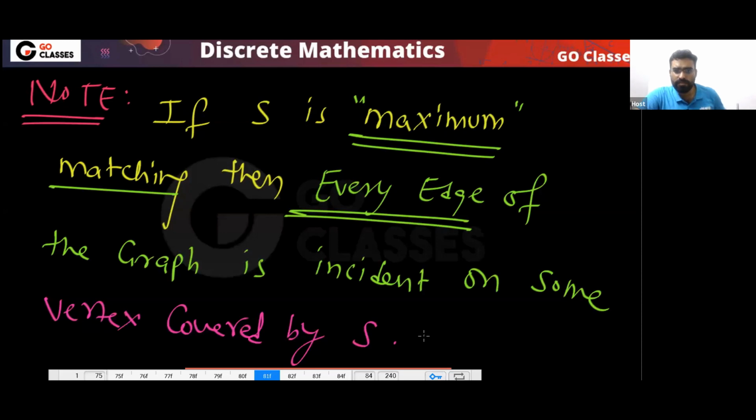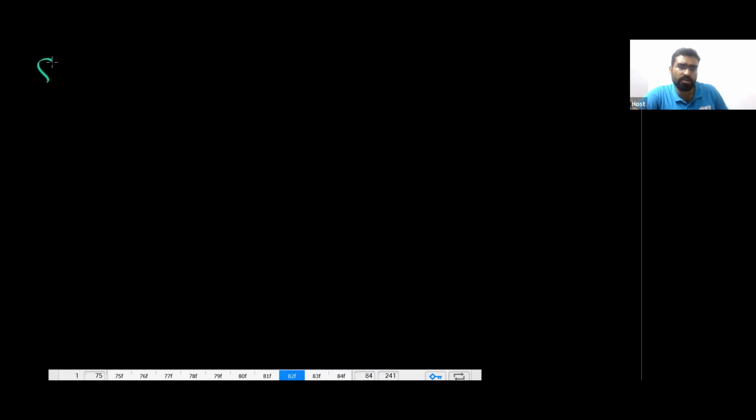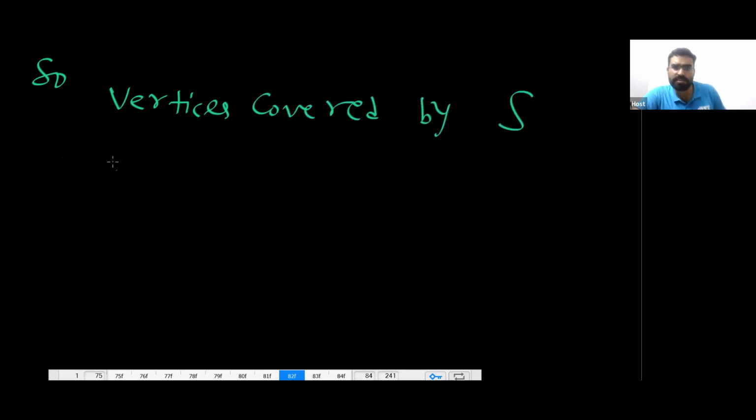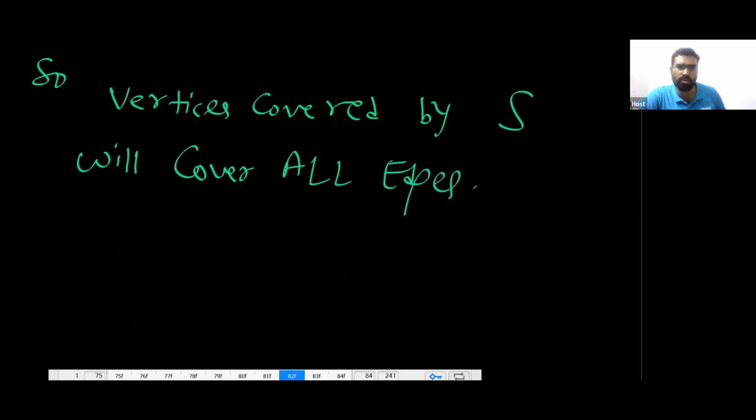So from here I can say that the vertices covered by S will cover all edges, isn't it? Yes or no?